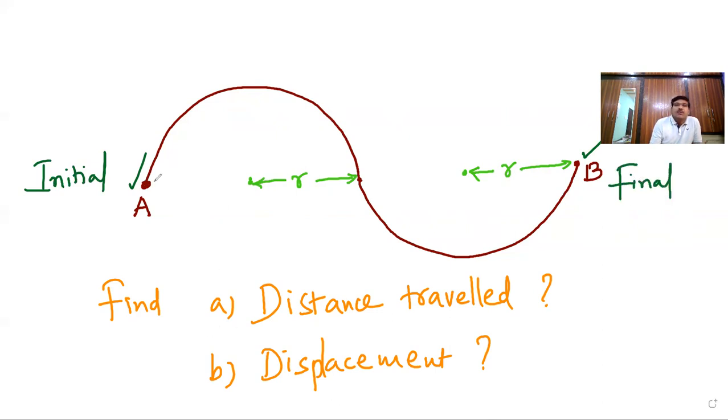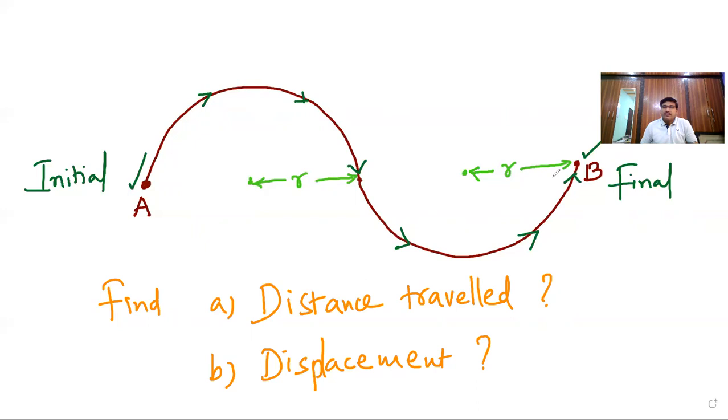Now, how is the man going? He starts his journey from A and slowly goes like this, then goes like this, reaching the point B. What is the first question he has asked? Distance traveled.